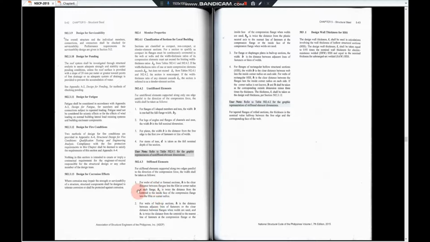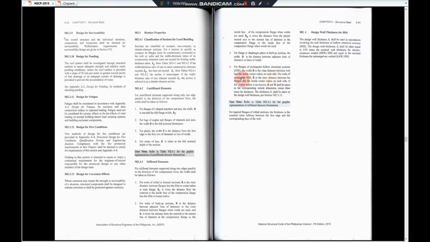We have here different conditions in determining the H or the B for our compact and non-compact section. So for flanges of rectangular hollow structural sections, the width B is the clear distance between webs less the inside corner radius of each side.